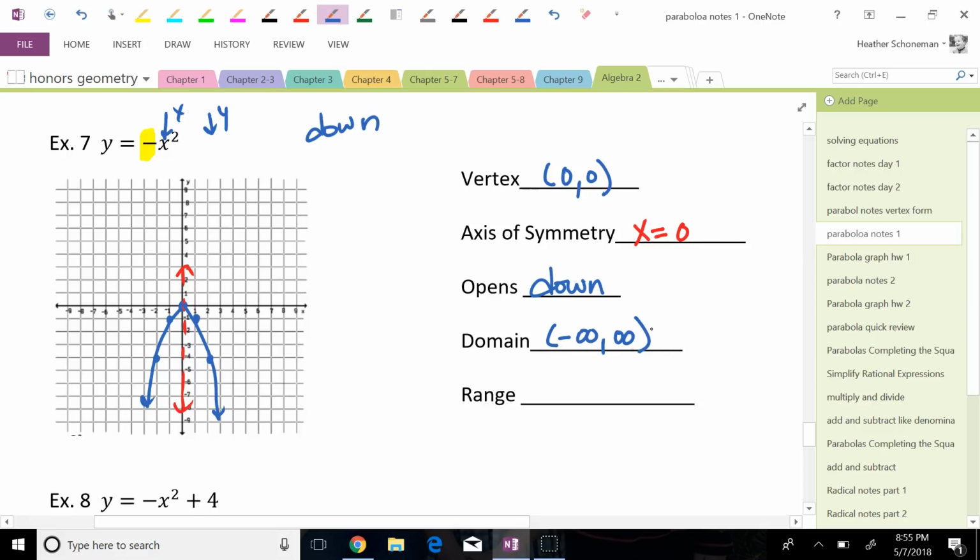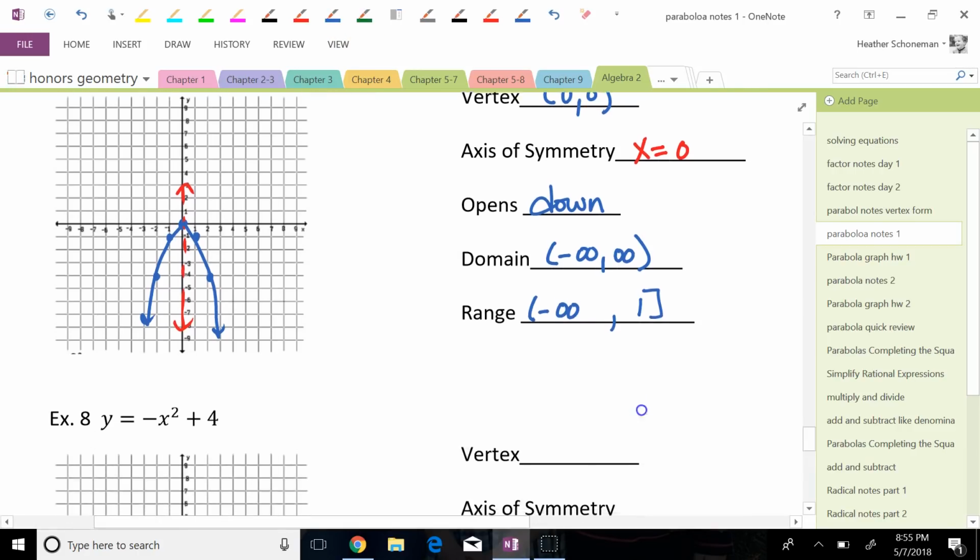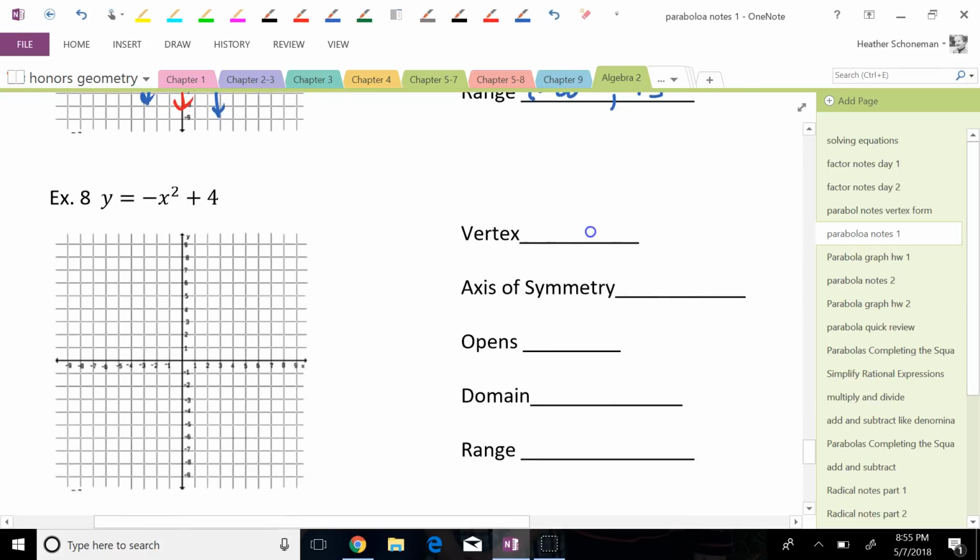However, the range, remember you start at the bottom, touching, touching, touching. It stops at 1, but it's all the negative numbers, all the way to negative infinity. So that is your range. It's the opposite of what it's been, which makes sense because our graph is the opposite.